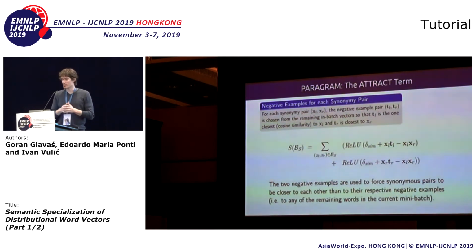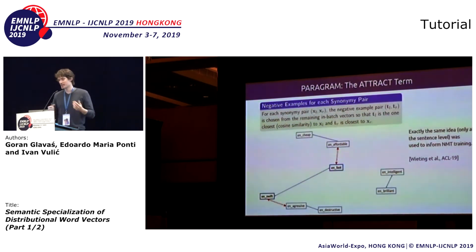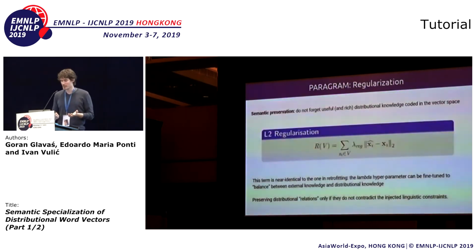For each word in the pair, you take the most similar one which is not from the current mini-batch and not in the constraints with the left or the right word, and then you force the positive pair to be, by a margin, closer than when you pair it with the negative example. This is exactly the same idea, just illustrated, but I'm not going to spend more time on that.